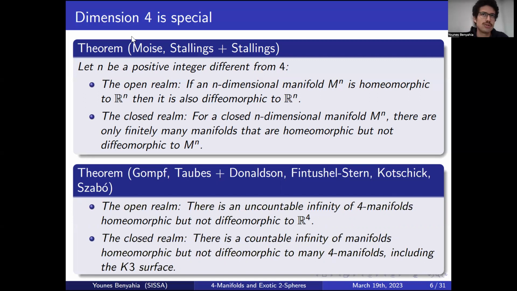So you have closed manifolds that have infinitely many smooth structures, and these manifolds are not super crazy. For example, the K3 surface, which is very common in complex geometry, has this exotic property.